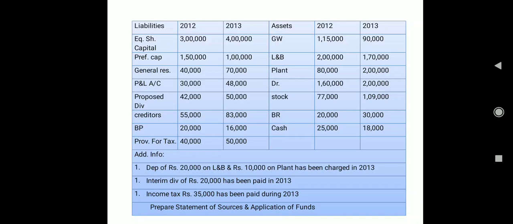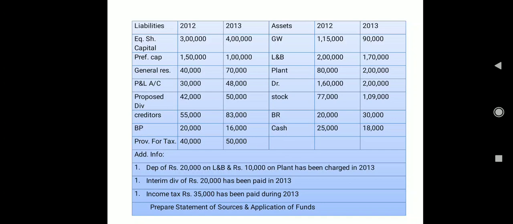Clear? Now coming to your asset side. Fine. Asset side we have, first we have goodwill. Okay, very nice asset, definitely a very nice asset, fictitious. Fine. So goodwill, last year value, that is 2012 value is 1,15,000 and now in 2013, 90,000.